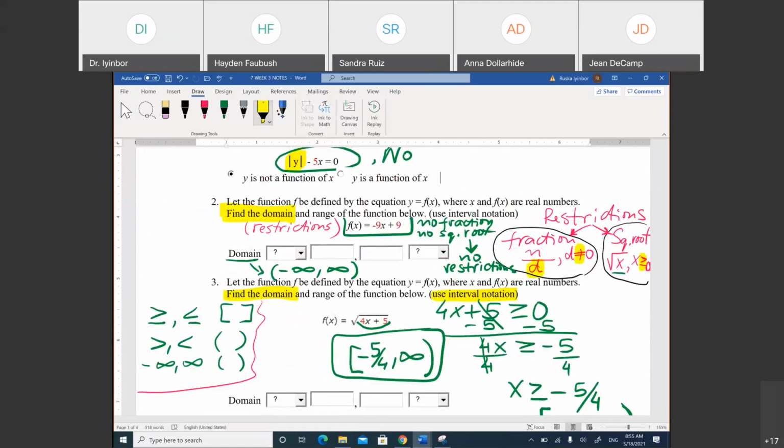Only the denominator. It doesn't matter what is in the top. If you have a square root, you work only with what is inside the square root. Okay? And these are the signs. If it's a fraction, the bottom is not equal 0, always. If it's a square root, everything inside the square root is always greater than or equal to 0. Okay? Everybody get that? Any questions?